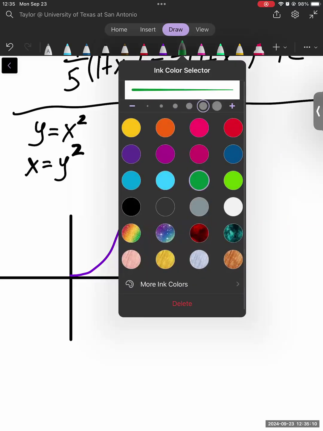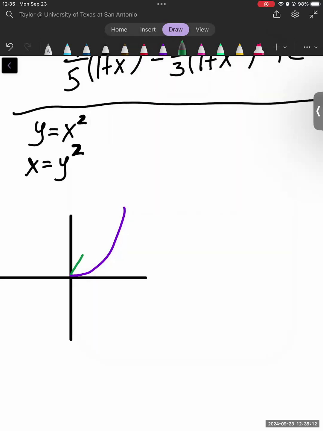It's going to look like this. Should look something like this, right? Yes. Cool.